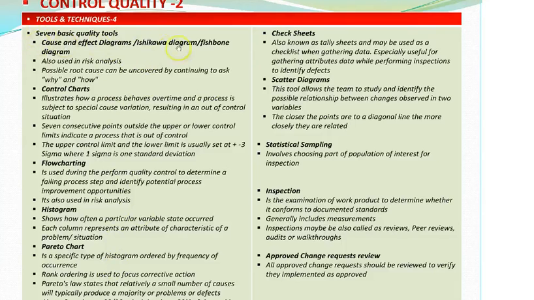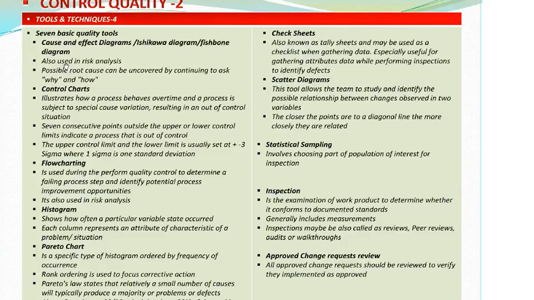One is the cause and effect diagram, also called the Ishikawa diagram and the Fishbone diagram. It's important to know that this one is even used in risk analysis, and it is used to find the root cause of the problem. So if in the exam they ask you which quality tool is best to find the root cause of the problem, then you should know it is the Fishbone, Ishikawa, or the cause and effect diagram.